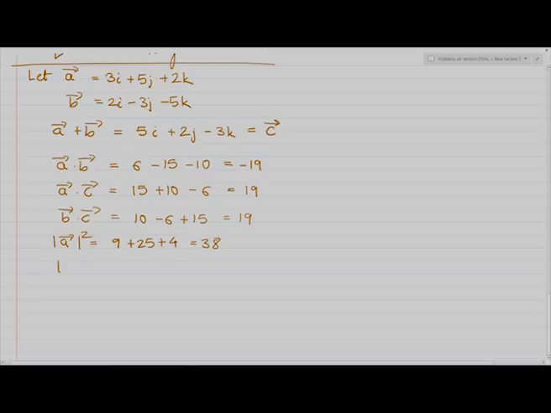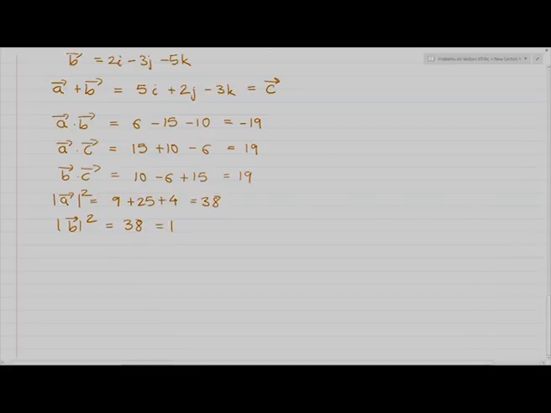Similarly, all the vectors, if you see, are permutations of 3, 5 and 2 with positive or negative sign. So, this also must be 38, and similarly this also must be equal to C bar square, isn't it.